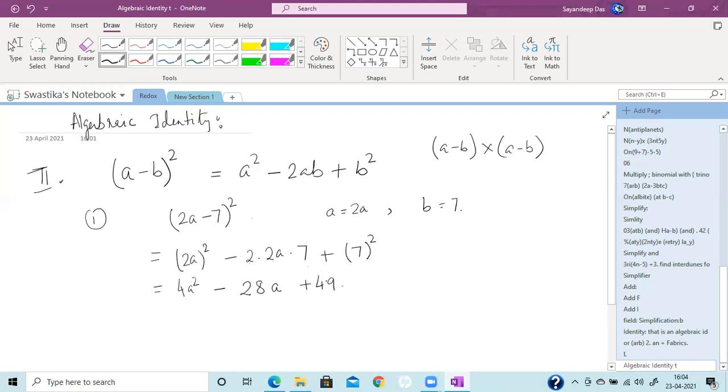So this is the expansion of twice a minus 7 whole square.